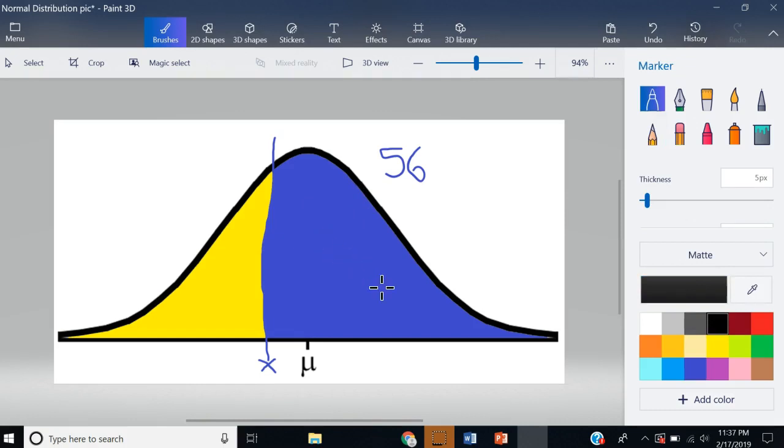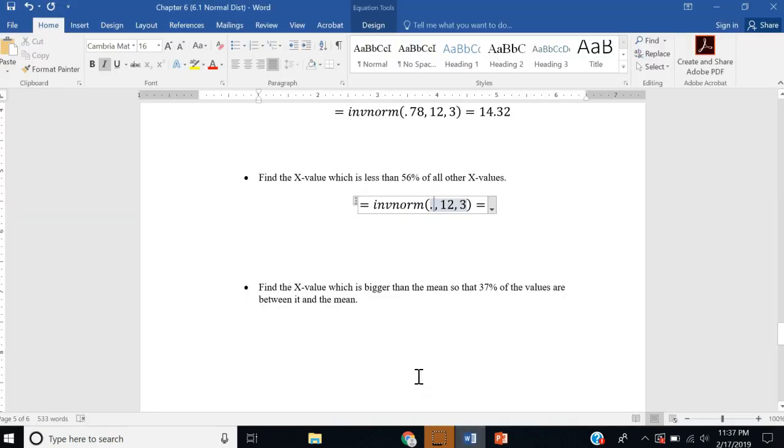And if 56% is the blue, then the yellow has to be 44%. And there we go. Moving on, the area that I need to plug into my inverse normal function is 0.44.